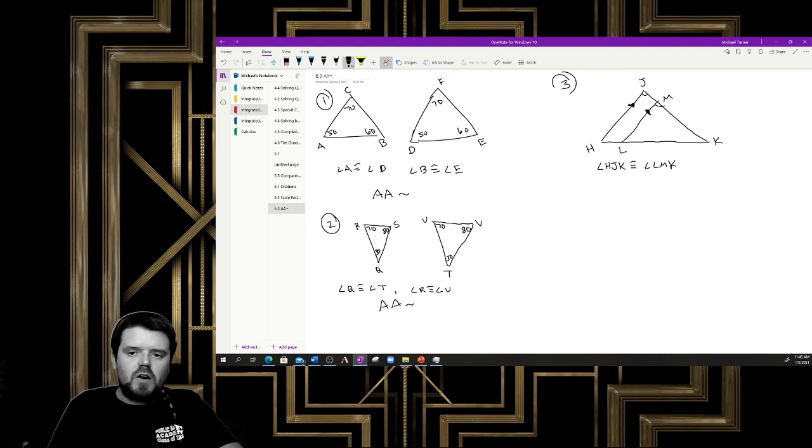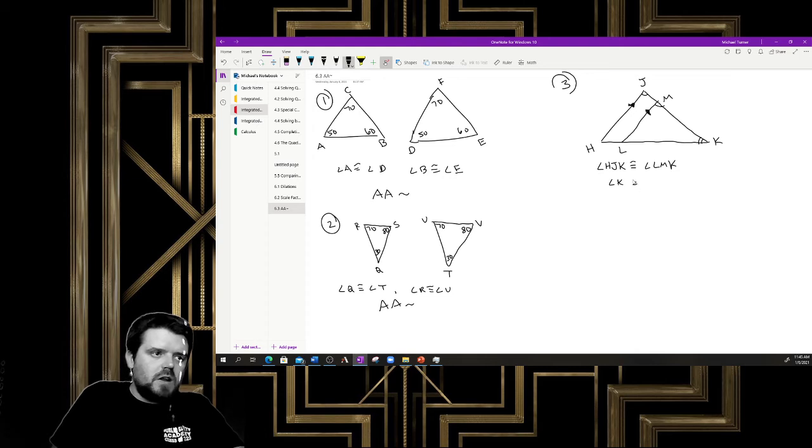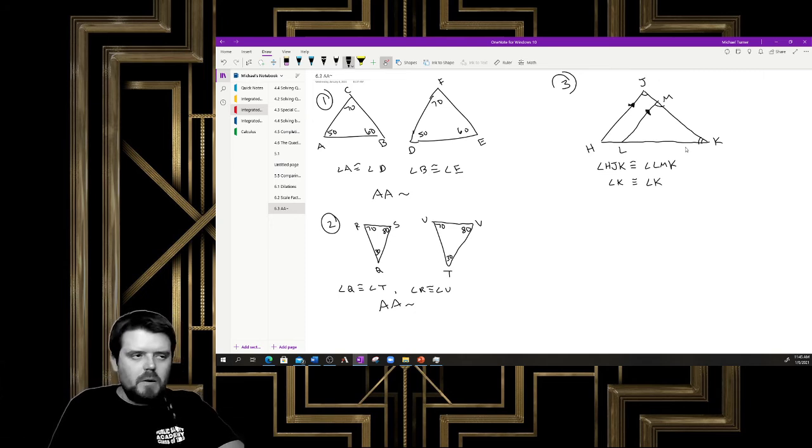Also, because these two triangles are overlapping, angle K is shared by both. That's congruent to itself. Again, if we were doing a two-column proof, you would tell me that that is congruent to itself by the reflexive property. But for now, we can just say that that angle is congruent. Those are two angles, therefore the triangles are similar by angle-angle similarity.